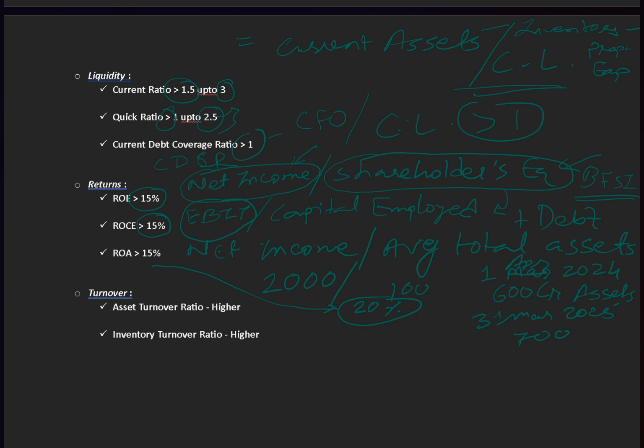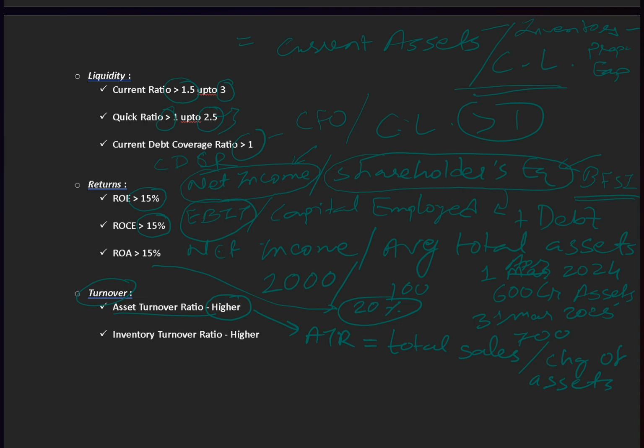Now next we move on to the turnover ratios. First is the asset turnover ratio, and again it is the higher the better. What is the full formula for this? ATR, asset turnover ratio, is equal to total sales divided by the change of assets, likewise as in ROA.